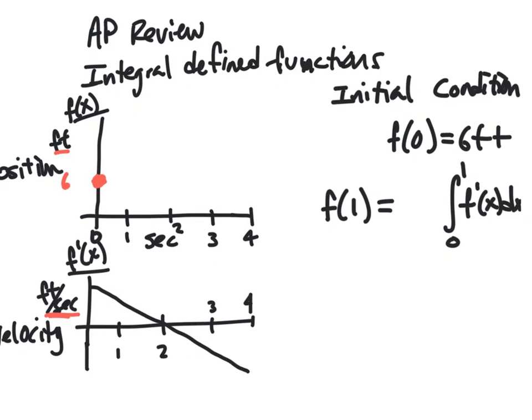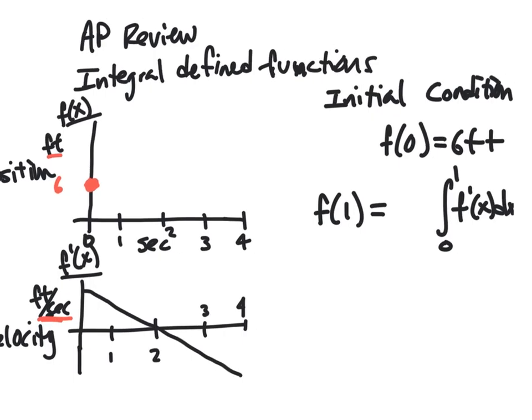The other thing I want you guys to see is that if I wanted to calculate the area under here, from 0 to 1, I'm just going to give you a value here. I'm going to call this area between 0 and 1, and say that it's equal to 7 feet.